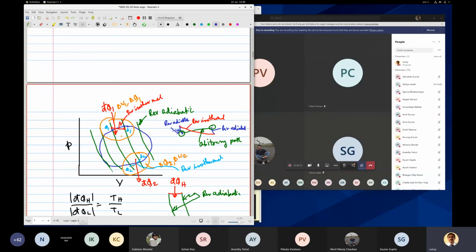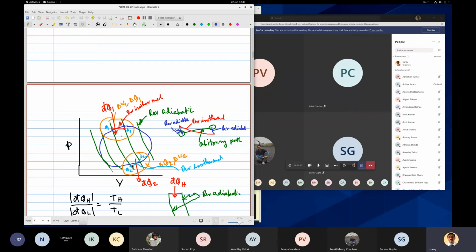So this can be represented by a zigzag path consisting of a reversible adiabatic, an isothermal, and again a reversible adiabatic. Adiabatic means no heat transfer.